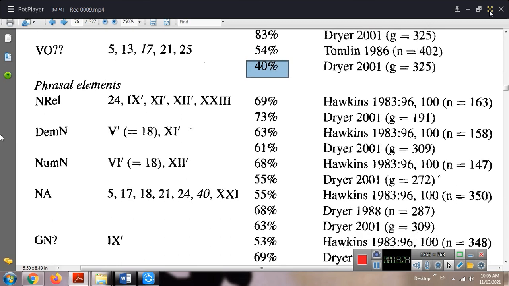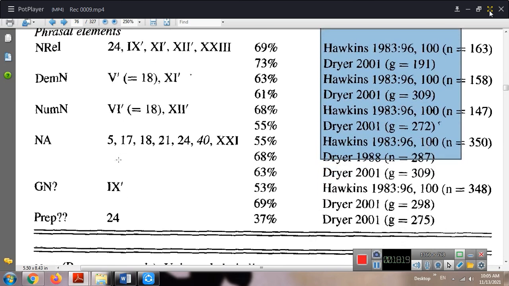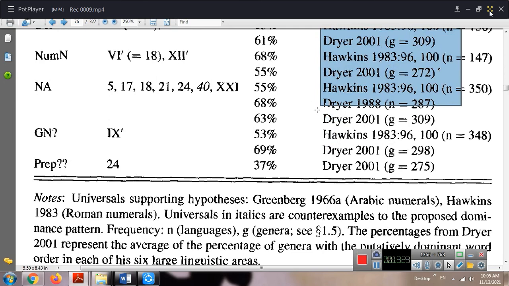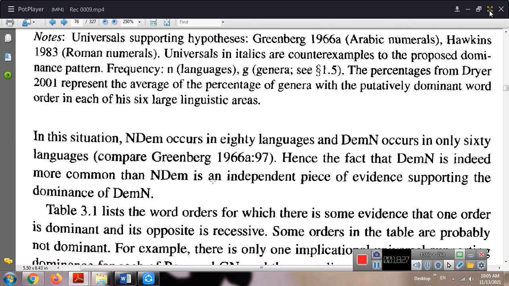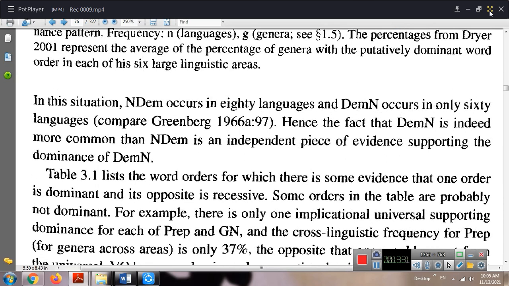Here you can see another phrasal element, for example, the number of universality and the frequency of them based on the study of different languages by different people. You can look at them yourself to get the point. In this situation, noun-demonstrative occurs in 80 languages, and demonstrative-noun occurs in only 60 languages, Kemper-Greenberg.